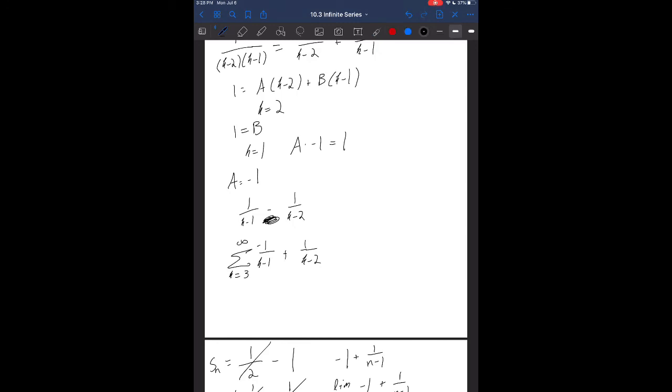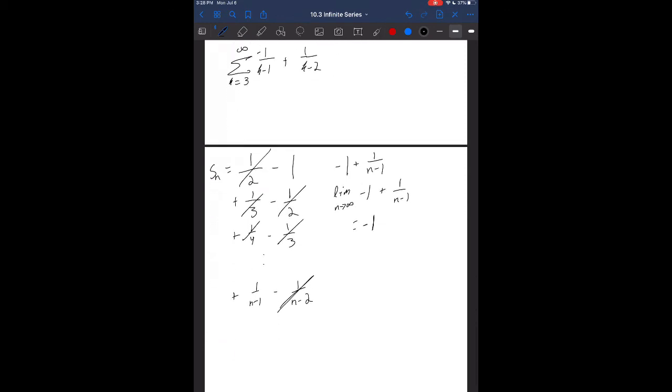So instead, I actually have a negative 1 over k minus 1 and a positive 1 over k minus 2. What that does is it changes all of these negative signs around and all of these positive signs around. So now all of these terms are my negatives and all of these are my positives.